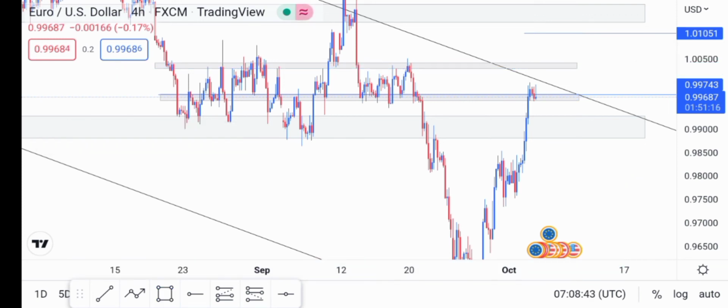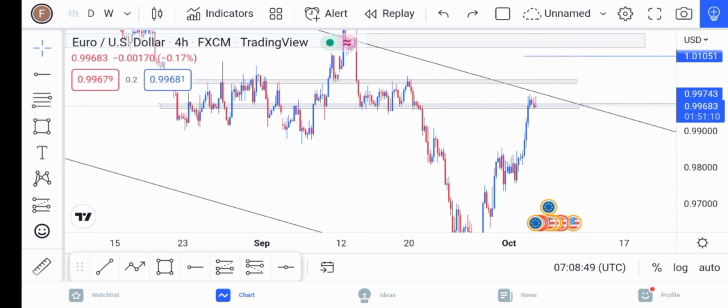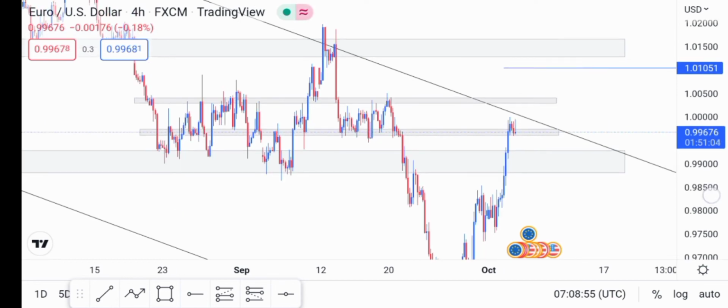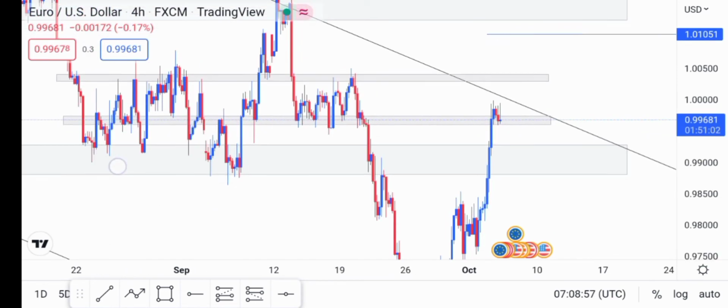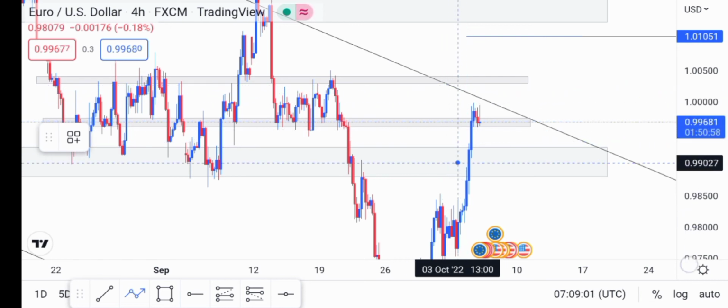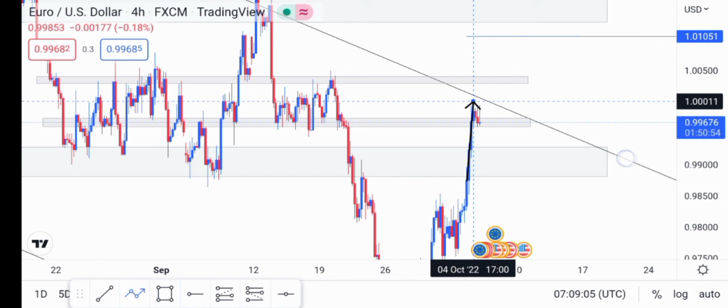So let me remove this. Oops, made a mistake. Bear with me, guys. Okay, so currently this is what we have, and by the looks of this, you can see that the market did not touch this level right over here, and from this point right over here, it seems like a push and a retest.